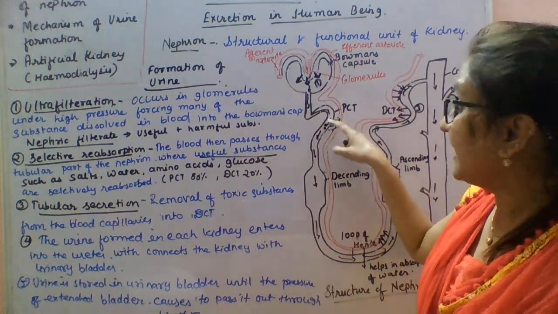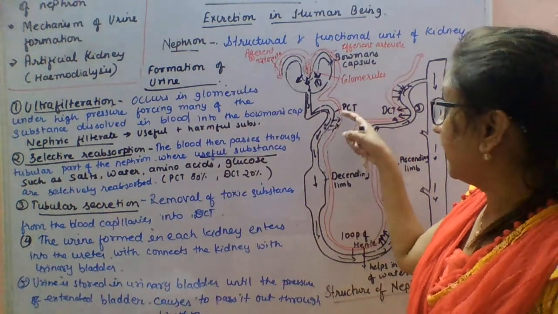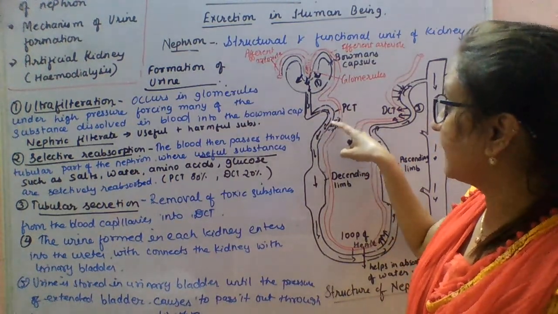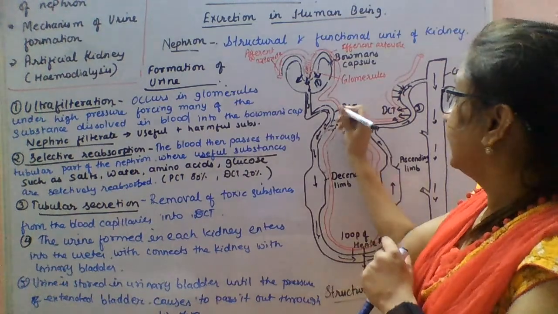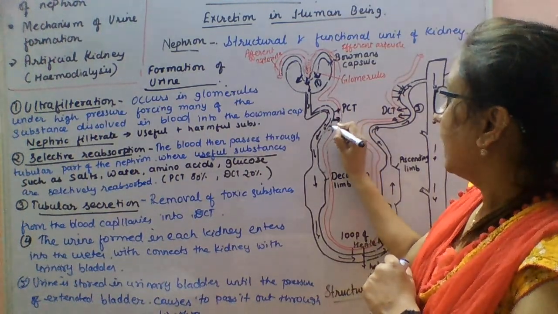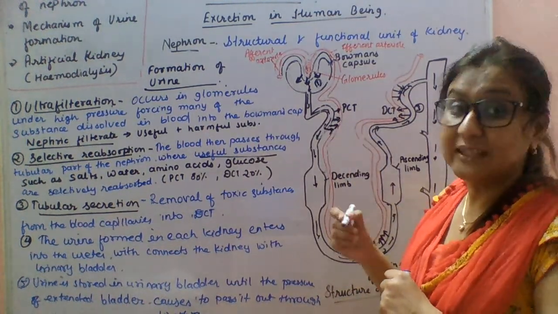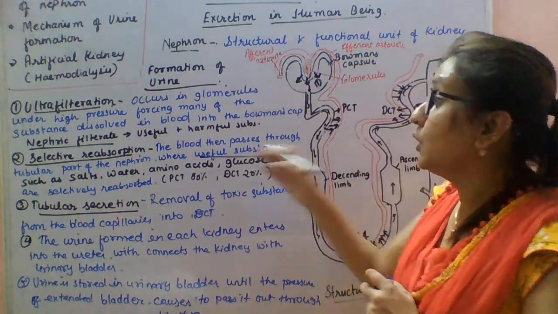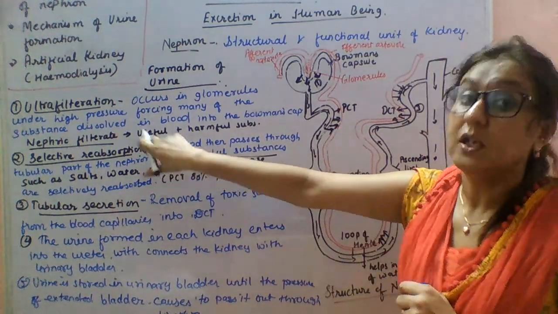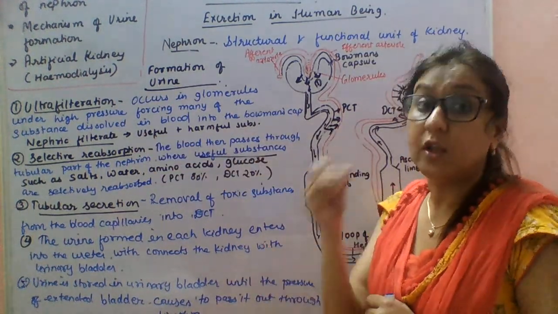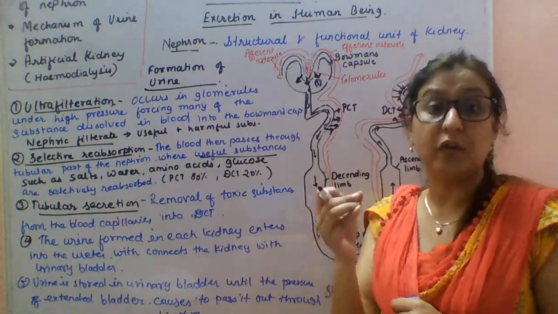So now the selective reabsorption will take place. When this nephric filtrate passes through the PCT, the blood vessels reabsorb the useful substances. What are those useful substances? Often this question will be asked in your exam.